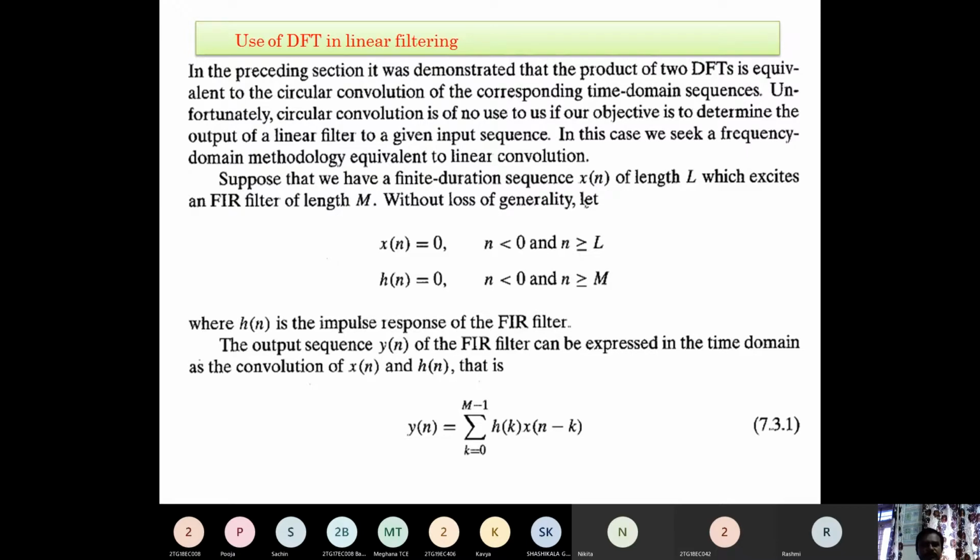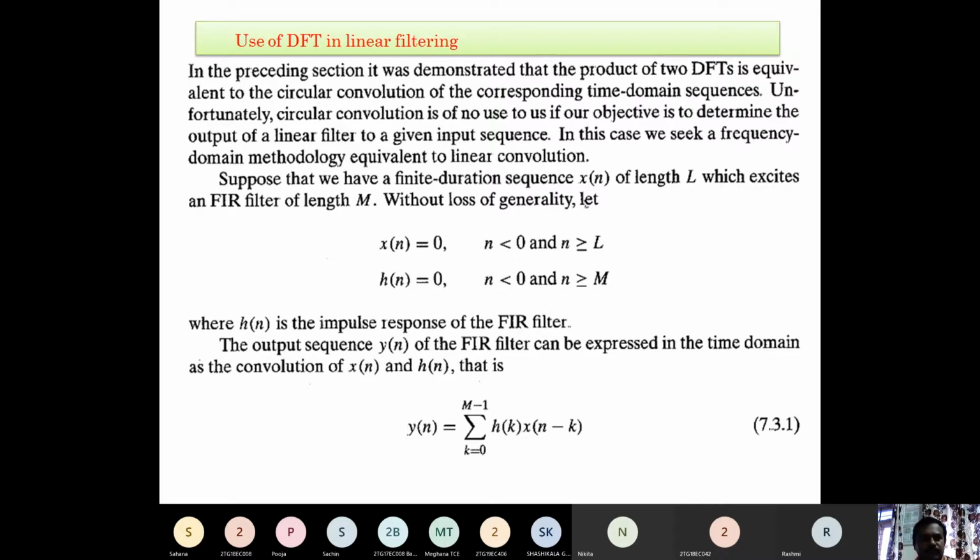Suppose two signals, x and h, or x1 and x2, have different lengths. Then how do we get the DFT of the product of both signals if they have different lengths?